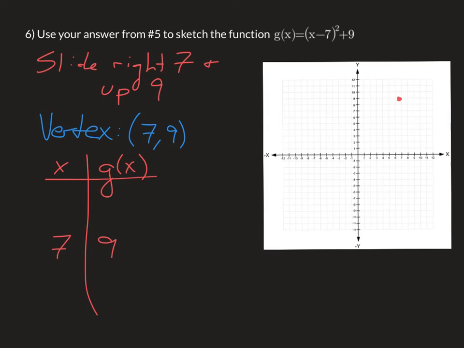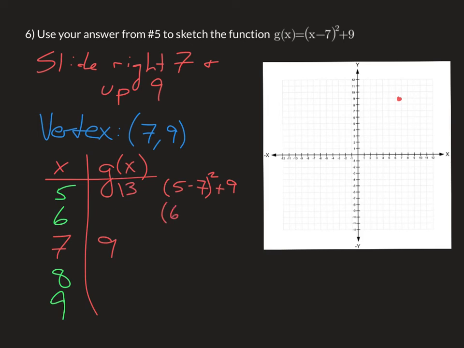What I'm going to plug in are two numbers that surround 7 in each direction. So 5 and 6 are two numbers less than 7. 8 and 9 are two numbers bigger. From here, we would evaluate g of x by putting these numbers in. So for instance, 5 minus 7 squared plus 9. 5 minus 7 is -2. -2 squared is 4.